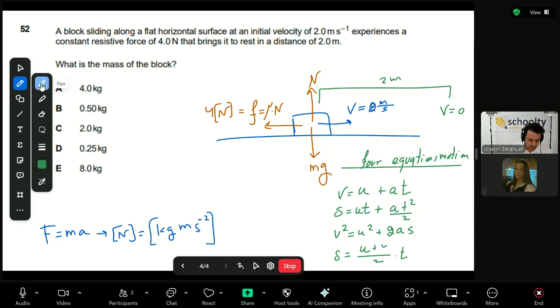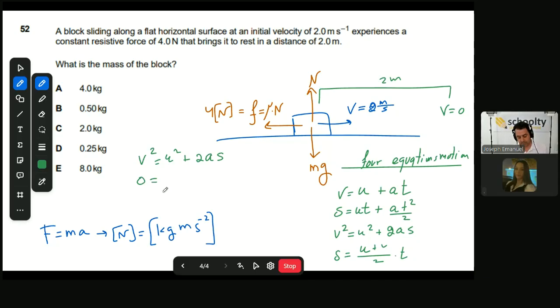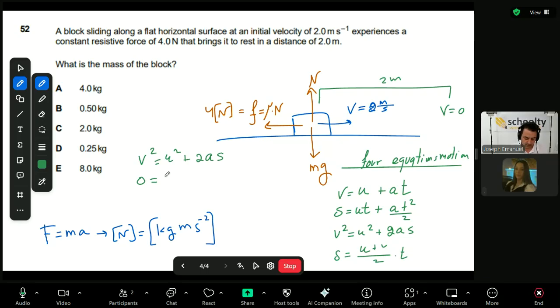Let's start. So let's use V square equals U square plus 2 times AS. V square, the final speed is 0 actually. Sometimes people get confused. They want the V to be higher because of acceleration, but here we don't have acceleration. We have the acceleration.